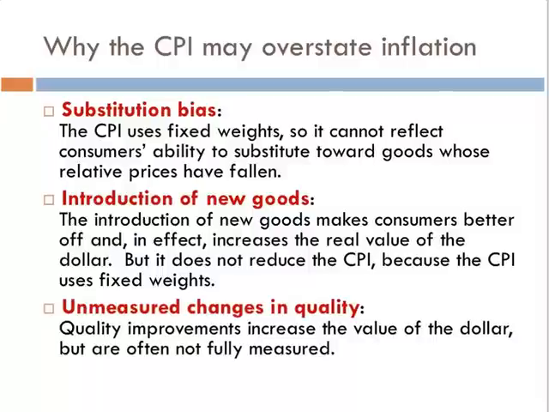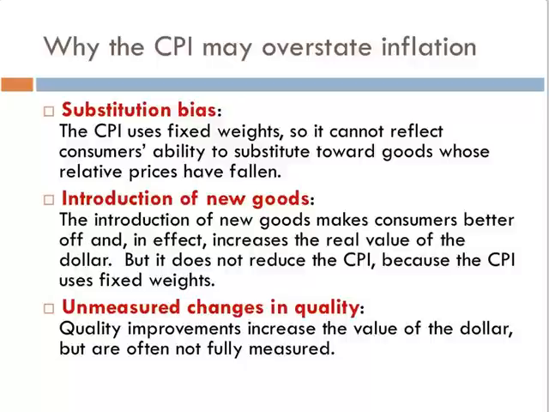And unmeasured changes in quality. So for example, say we have a personal computer from 1990 versus a personal computer from 2013. Basically, a reasonably low-end laptop from 2013 would have passed as a reasonably low-end supercomputer in 1990.